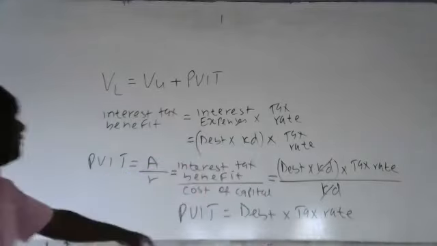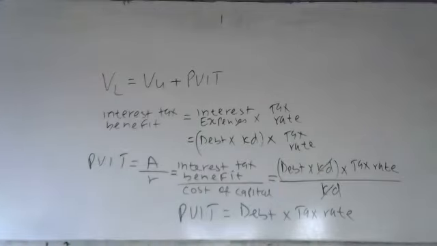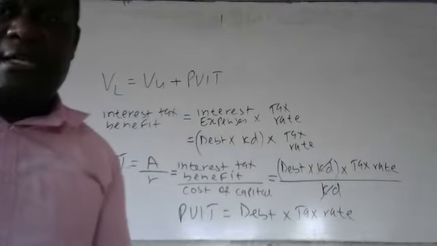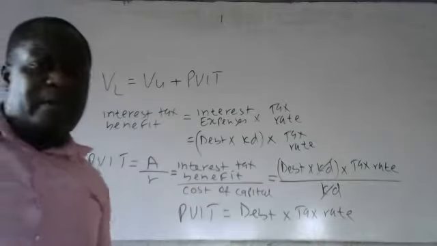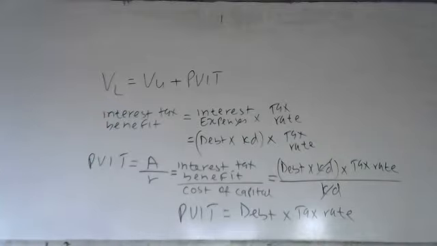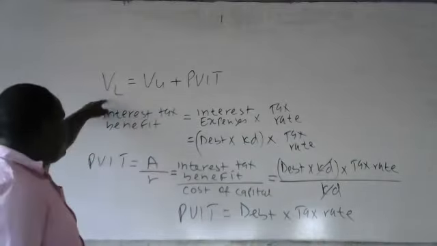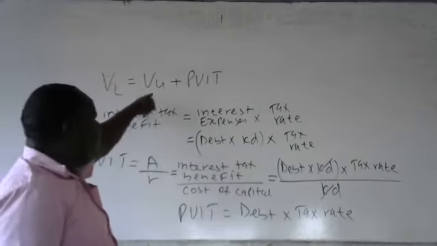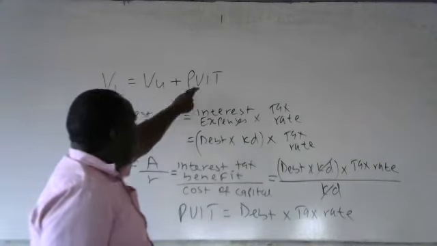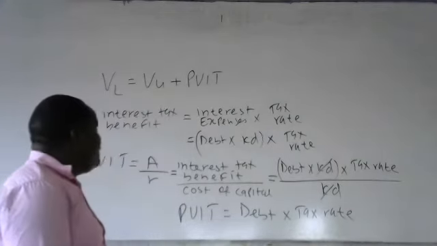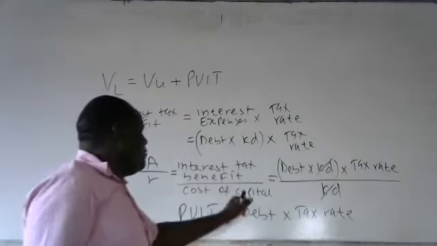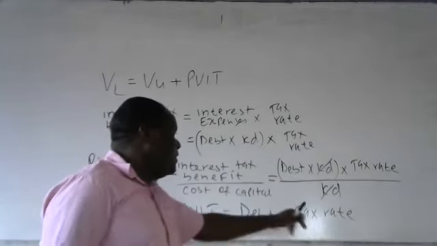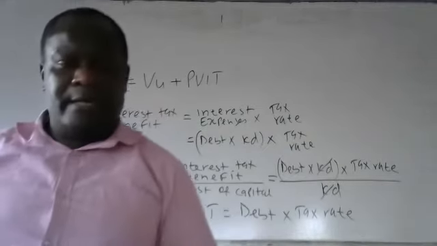That's now how we shall be computing the value for the levered firm. We simply get the value for unlevered, then we add the present value of the interest tax benefit, which is the debt multiplied by the tax rate.